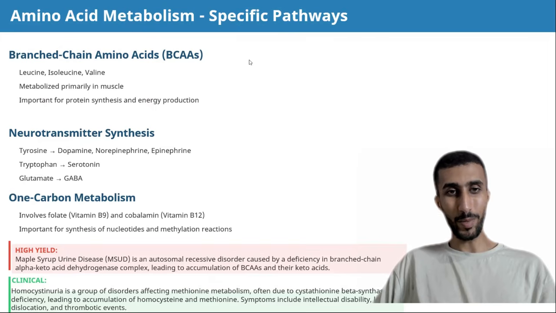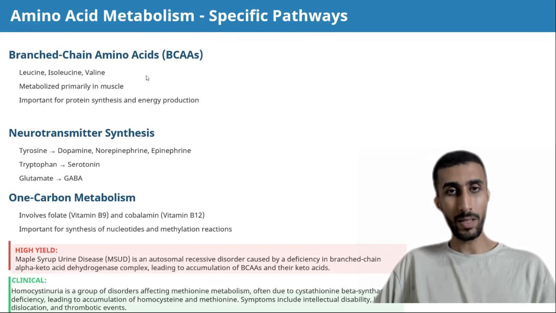Now other amino acids: the branched chain amino acids. There are some amino acids that are branched chain, such as leucine, isoleucine, and valine. They are metabolized primarily in the muscle by an enzyme called branched chain amino acid dehydrogenase. Whenever there's a deficiency of these enzymes, there is a very high yield condition called maple syrup urine disease.